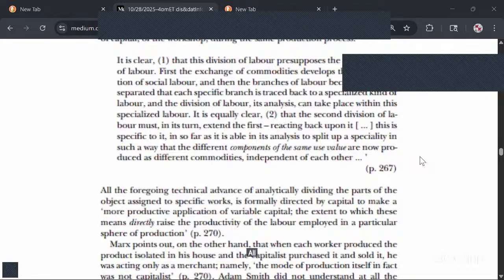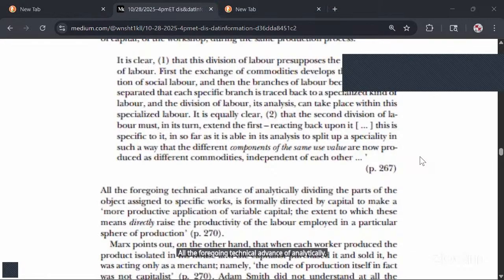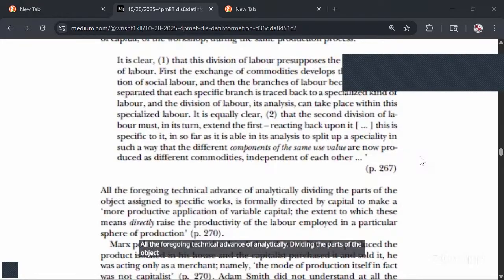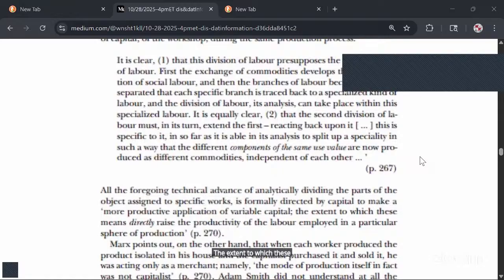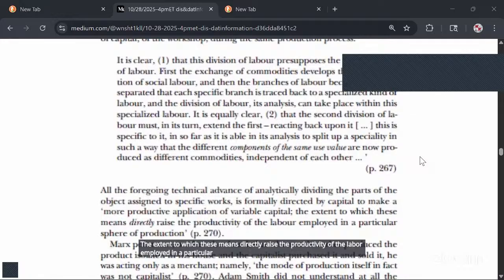All the foregoing technical advance of analytically dividing the parts of the objects assigned to specific works is formally directed by capital to make a more productive application of variable capital, the extent to which these means directly raise the productivity of the labor employed in a particular mode of production.